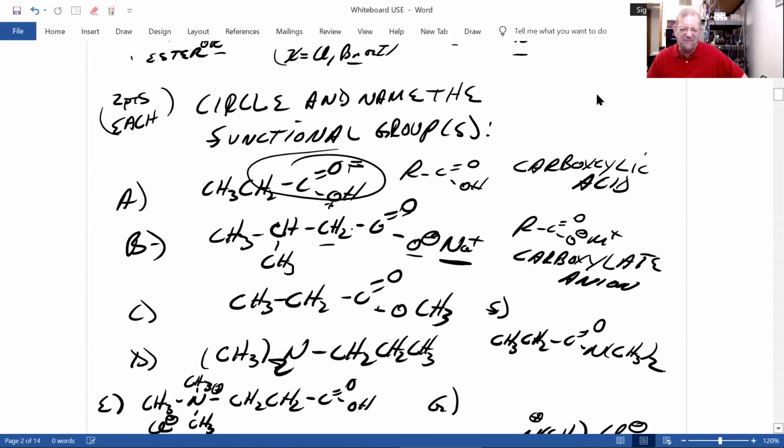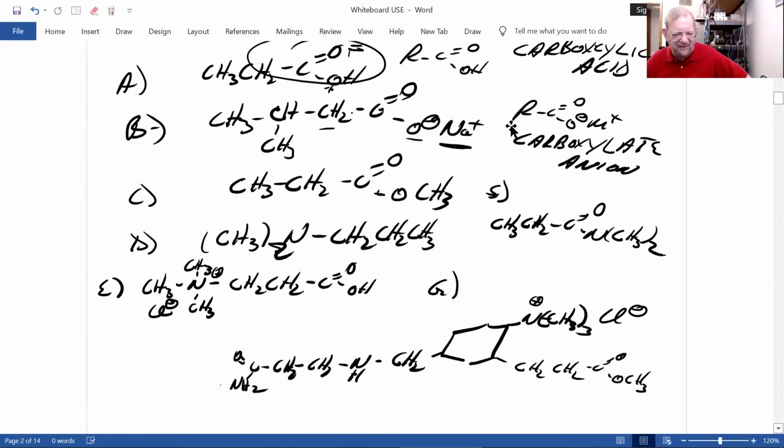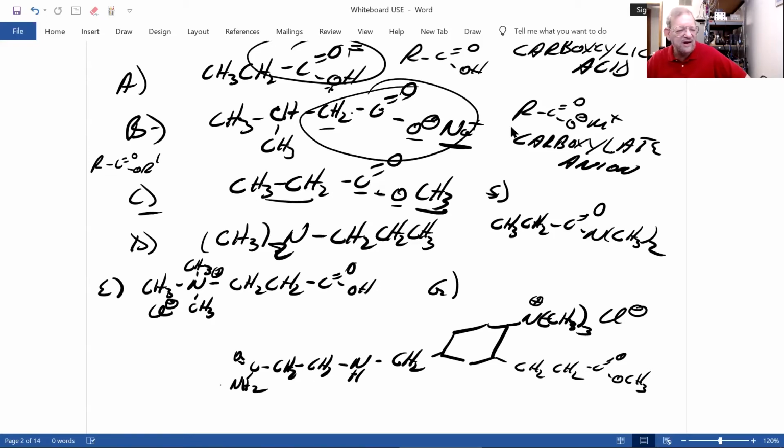And you could also call it a carboxylate salt. I like anion better. And then if we look at C, carbonyl oxygen. On this oxygen we have R, on the carbonyl R. By the way, you'd circle this. And what is this? It's an ester.